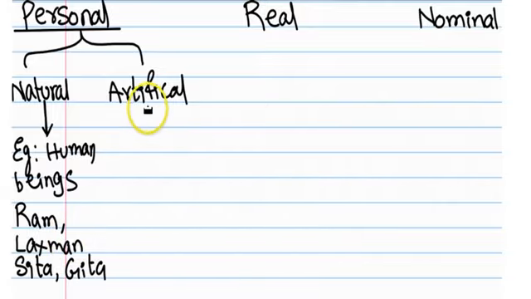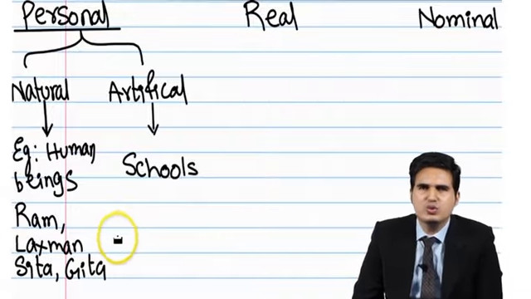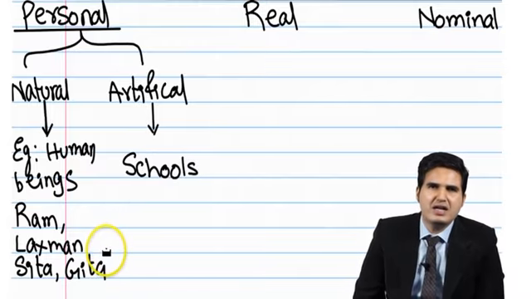But at the same time there is another type of person called an artificial person, which has its own identity. Who is included in this? I will start with schools. As you all know, we all went to school, and our schools had different names.